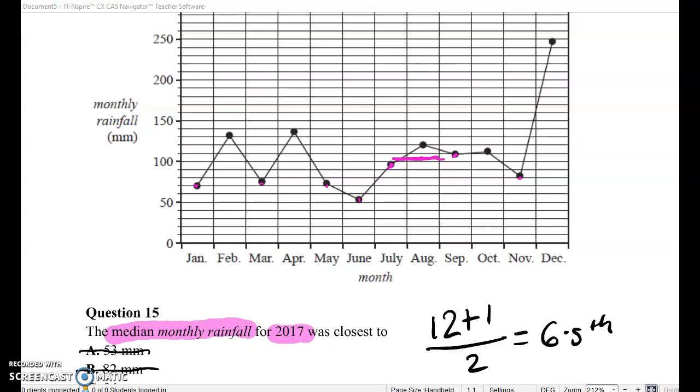So 1, 2, 3, 4, 5, 6, 7. So then that would be centered here at April. We can then find one for May, June, July, etc. But let's go to the end, remembering that we're going to be left off. We can't find 7 mean smoothing spots for January, February, March.